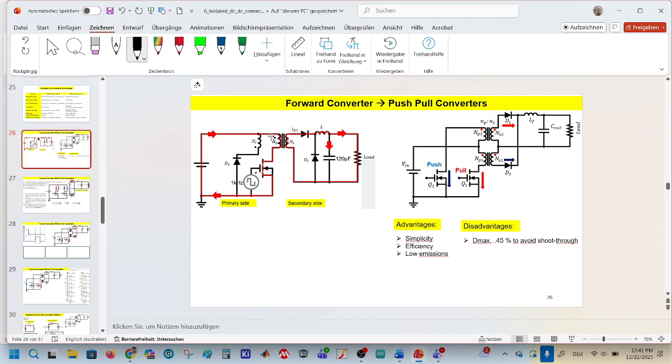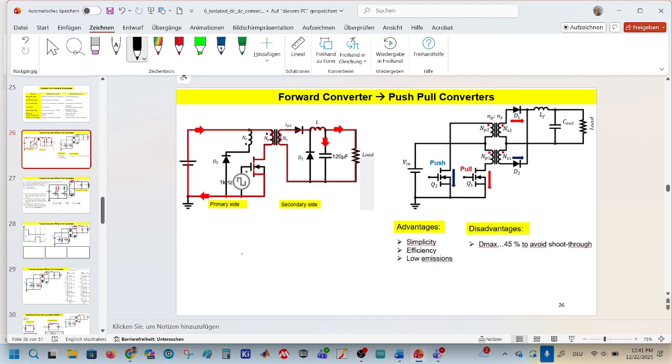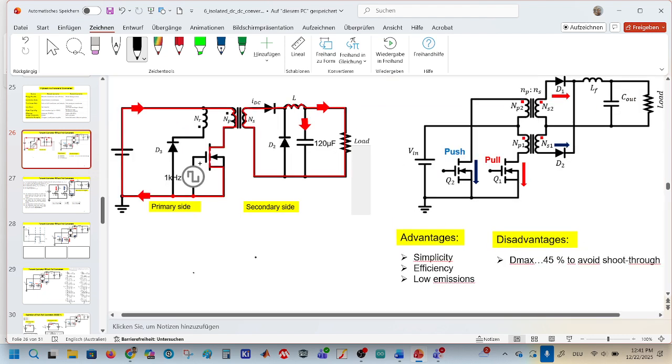What I mean, let's consider the primary side of the forward converter.